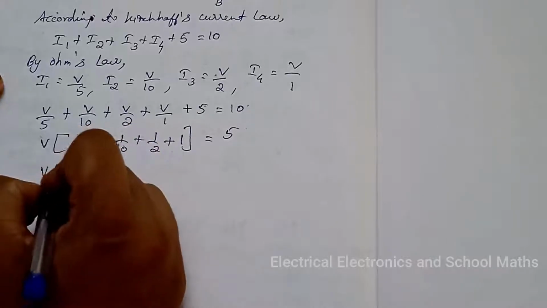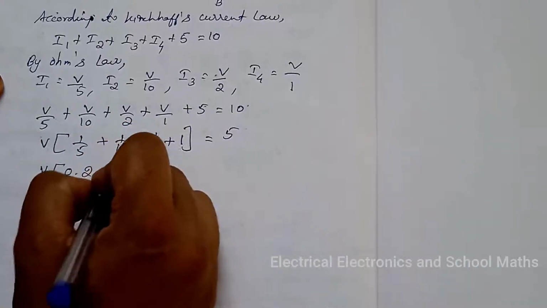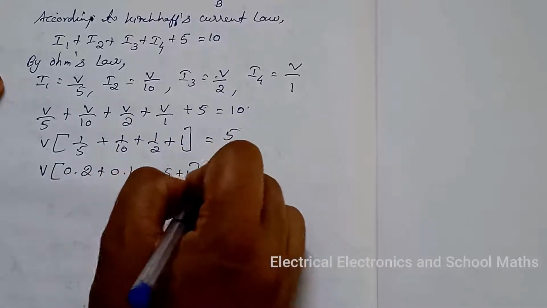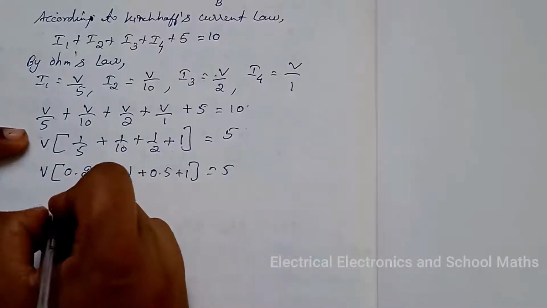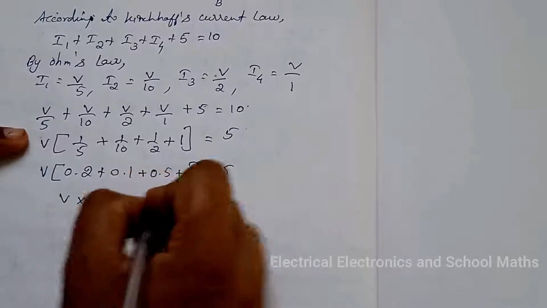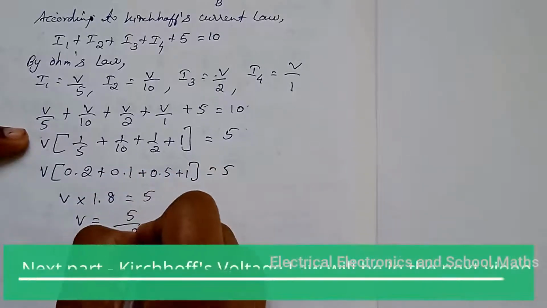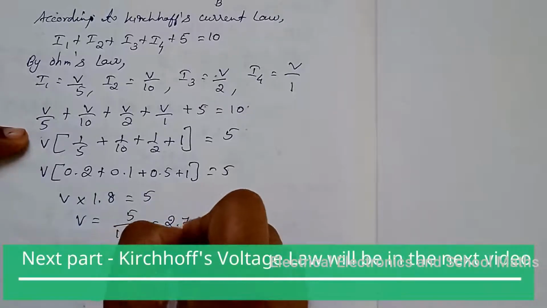That is V into 0.2 plus 0.1 plus 0.5 plus 1 equal to 5. That is V into 1.8 equal to 5. V equal to 5 by 1.8 equal to 2.78 volt.